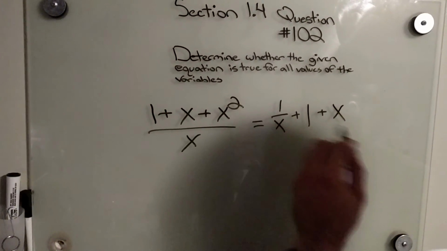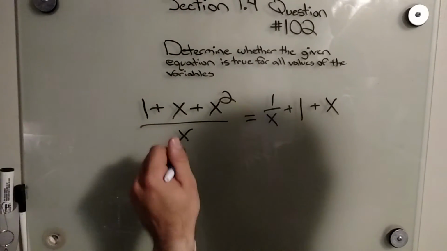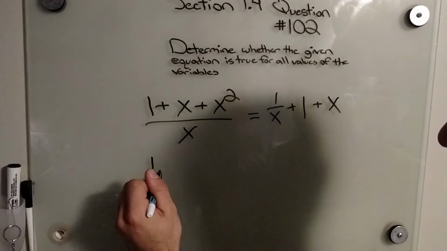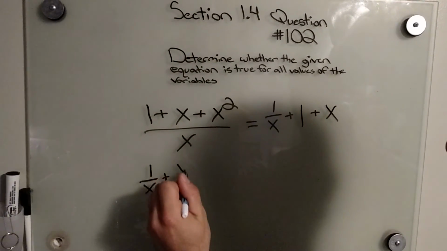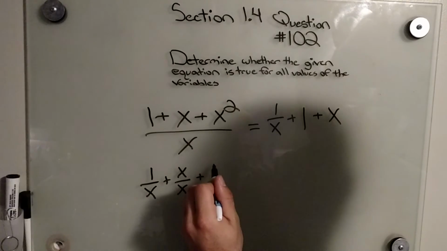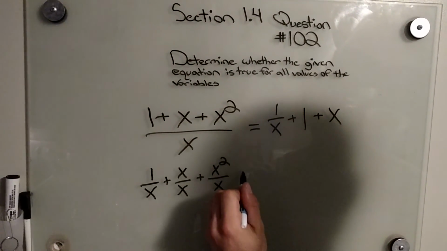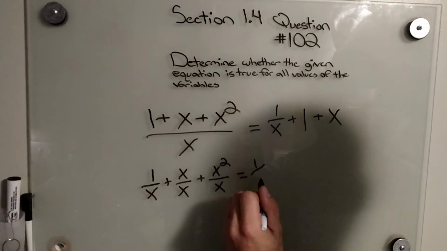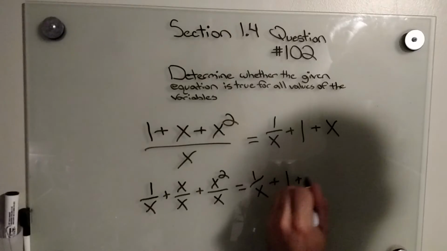This can be broken down and shown because you would have 1 divided by x plus x divided by x plus x squared divided by x equal to 1 over x plus 1 plus x.